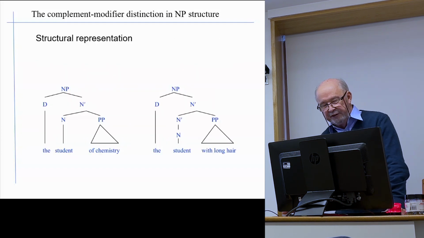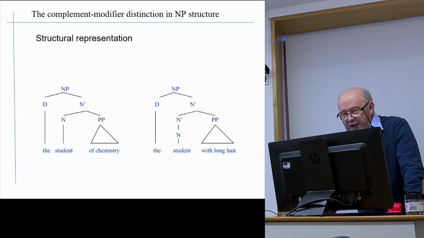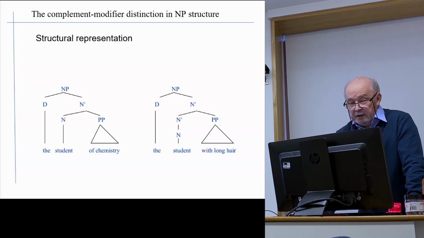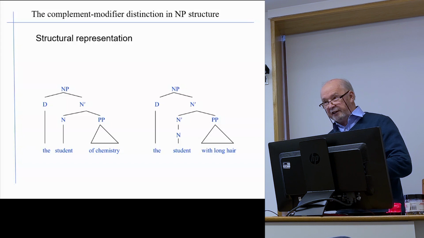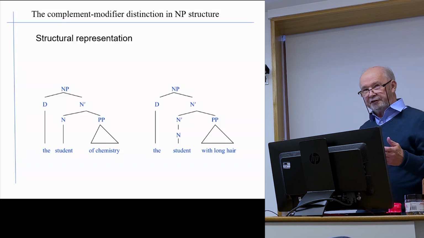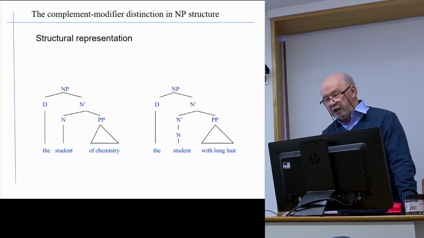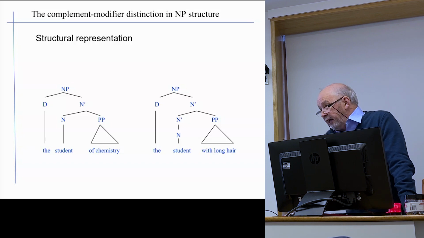Everybody's familiar with this. You have then a structural representation. You can change the node labels around if you like, but basically in the student of chemistry, the prepositional phrase of chemistry sits as a sister to N and is below some kind of N bar node, whereas in the case of the adjuncts you have a sister to N bar, not N.